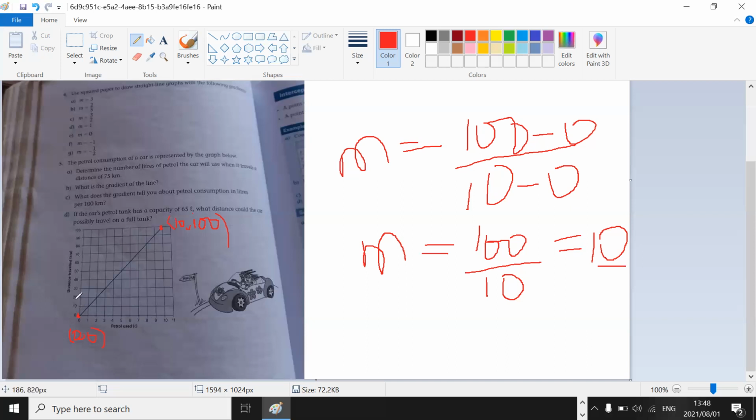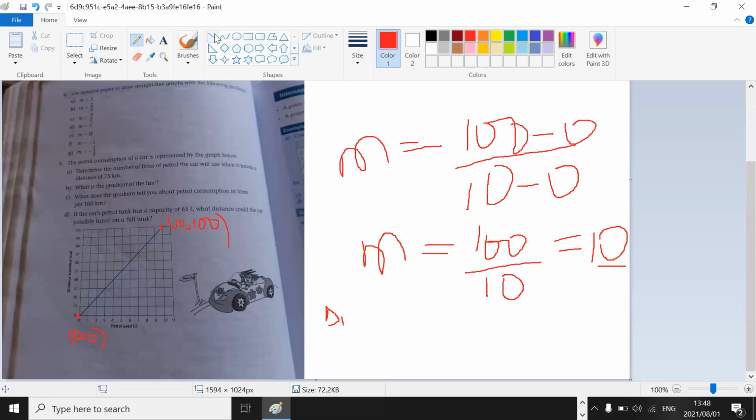If it travels 20 kilometers, it will consume 2 liters, and so on. So the interpretation of this gradient is that increasing the distance means the car will consume a lot of petrol.